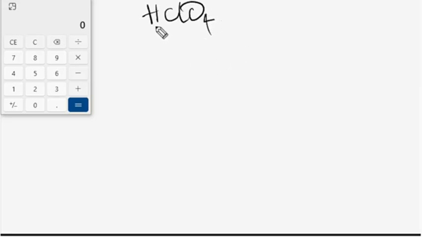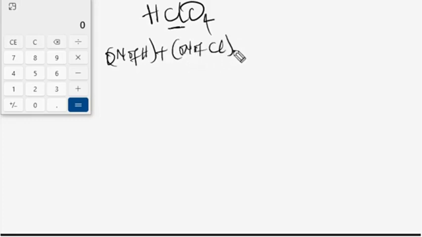A simple way to find the oxidation state of chlorine here is to add the oxidation number of hydrogen plus oxidation number of chlorine, then plus oxidation number of oxygen times 4.